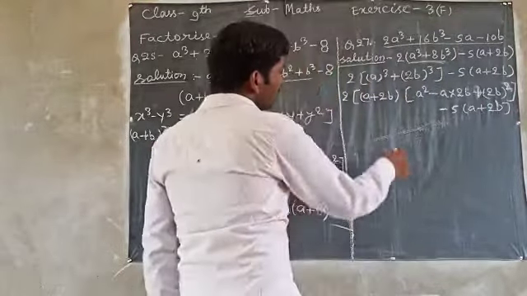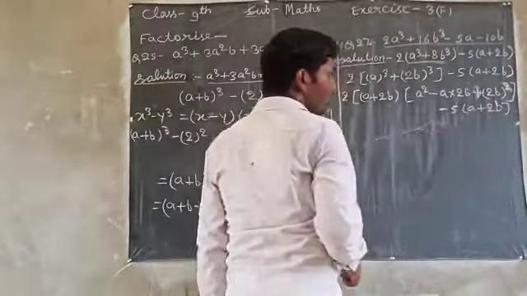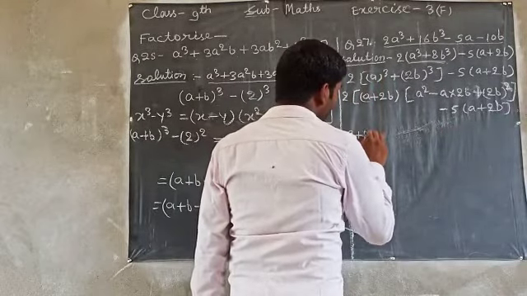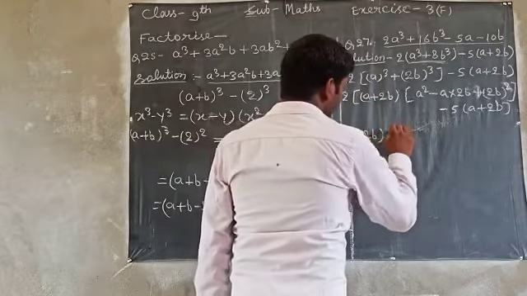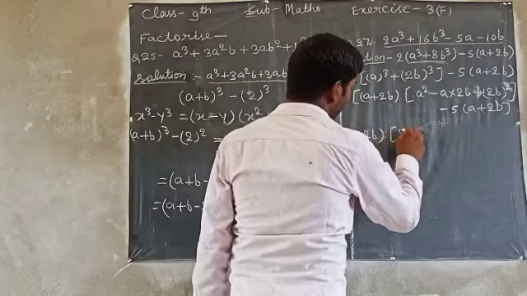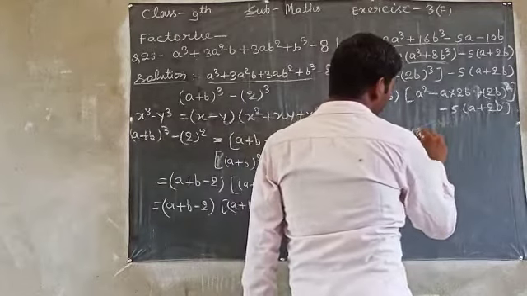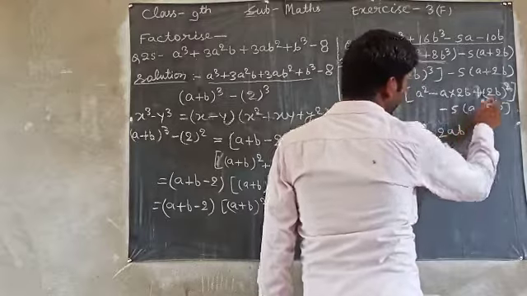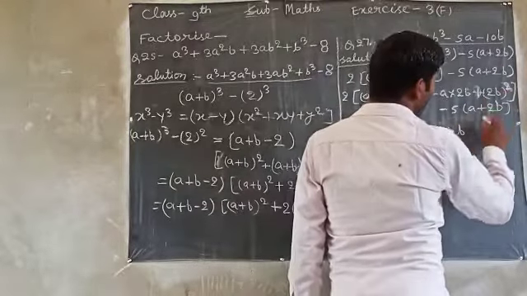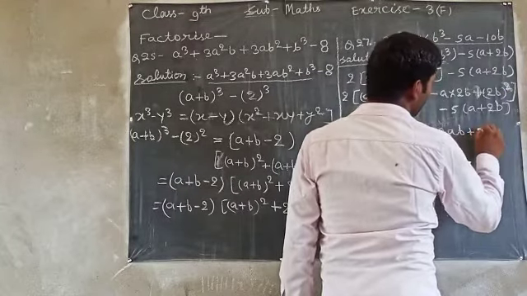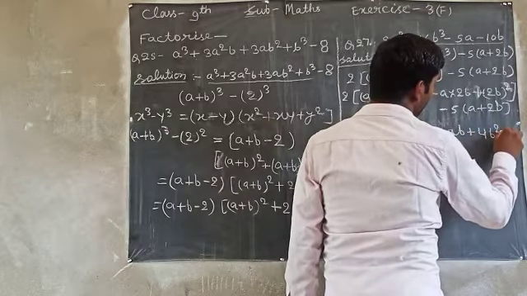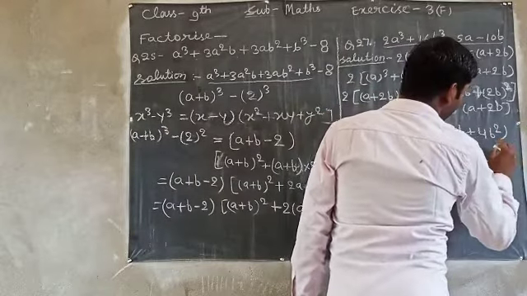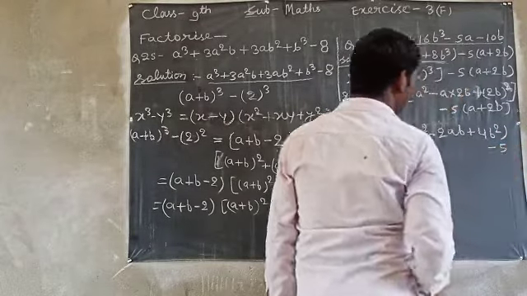Now you can see that in both parts (a plus 2b) is there. So you can take common (a plus 2b), and here it will remain 2 into (a square minus 2ab plus 4b square), and it will remain here minus 5.